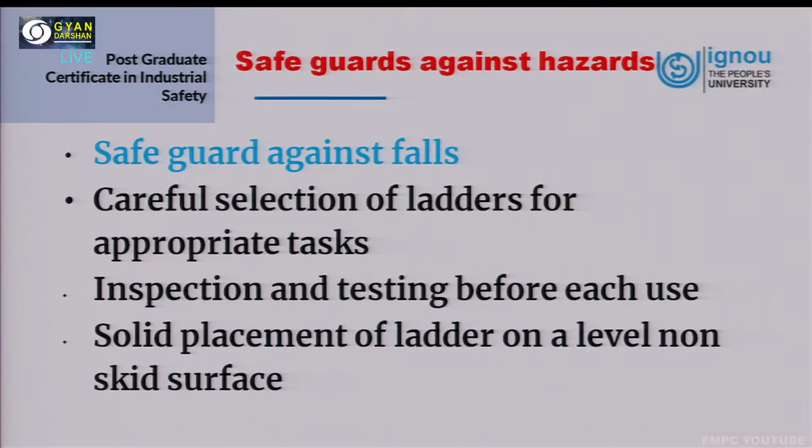The next safeguard against falls is a solid placement of the ladder on a leveled, non-skid surface. Most of the accidents related to ladders are caused by either people falling from the ladder or the ladder itself skidding and falling. And this is usually because the ladders are not placed firmly on the ground. And for this, we need to have a level surface which is non-slippery.